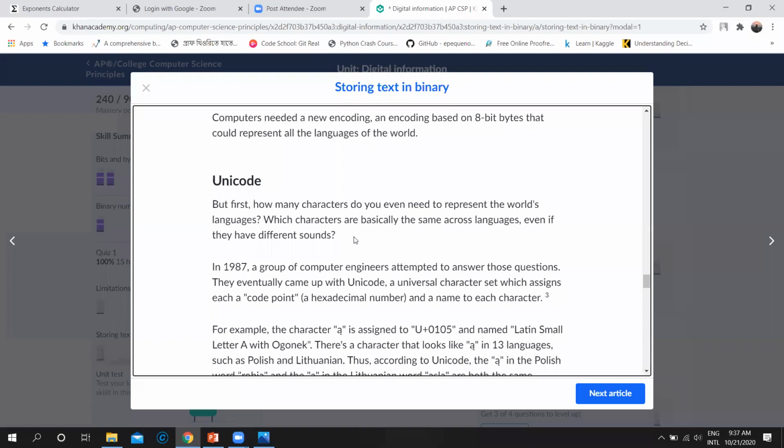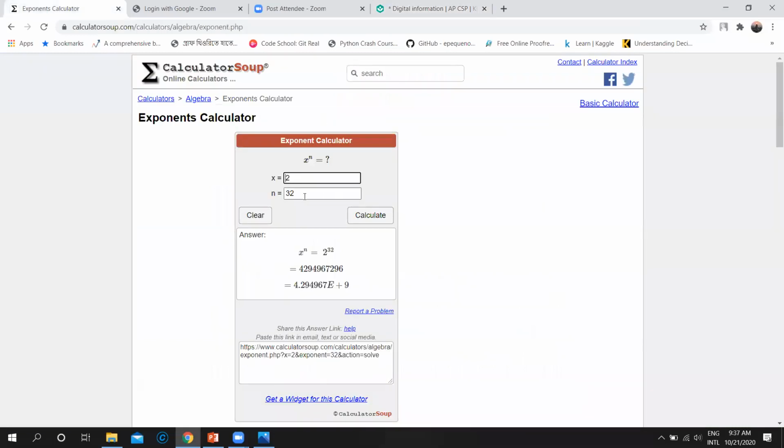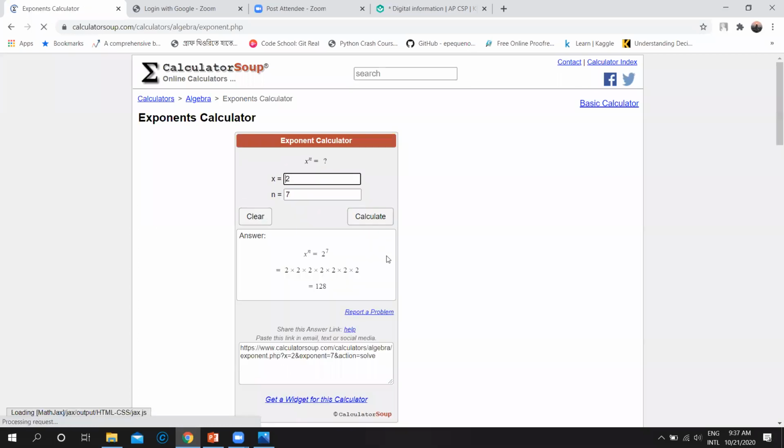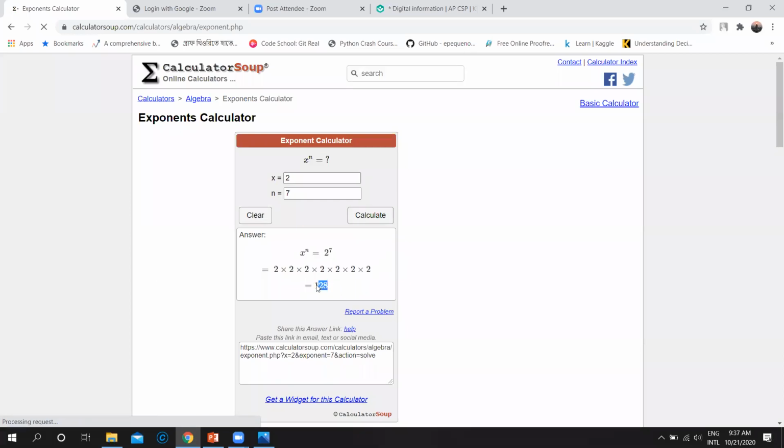The benefit is huge. For example, ASCII is 7 bits, 2 to the power 7, so we can only store 128 characters and numbers. But in Unicode, we can store up to 32 bits. If I make it 2 to the power 32, see what the difference is. This is huge. This is billions.